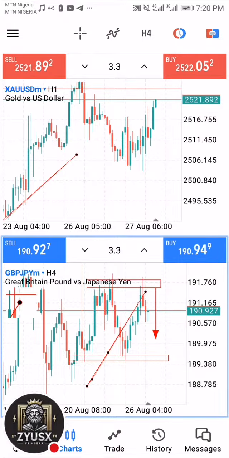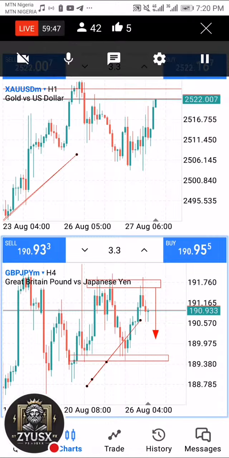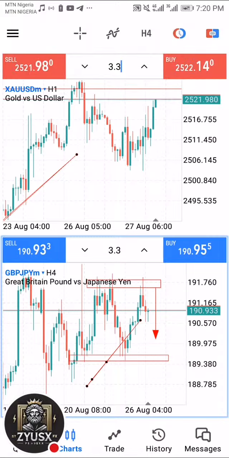But as you notice, if you have been following our stream, most of my streams I don't take any trade. Sometimes I just open the charts, make the analysis, and just observe what the market is doing. Unless I can identify good trades or a high probability trade, that is the only time I take a trade.